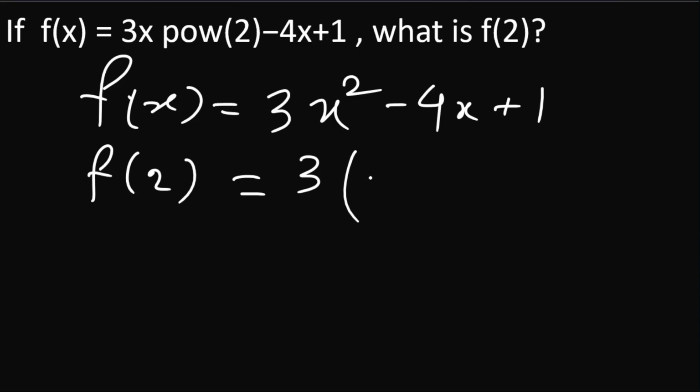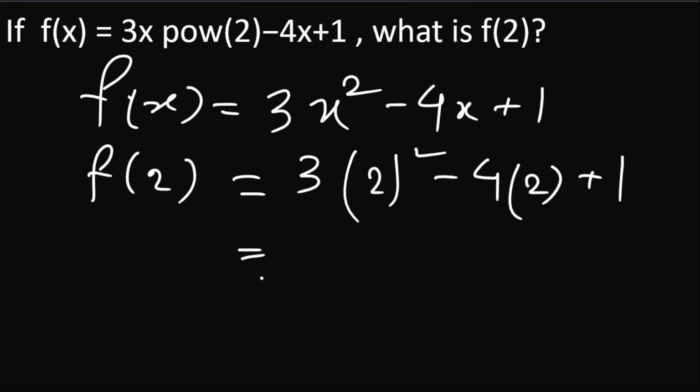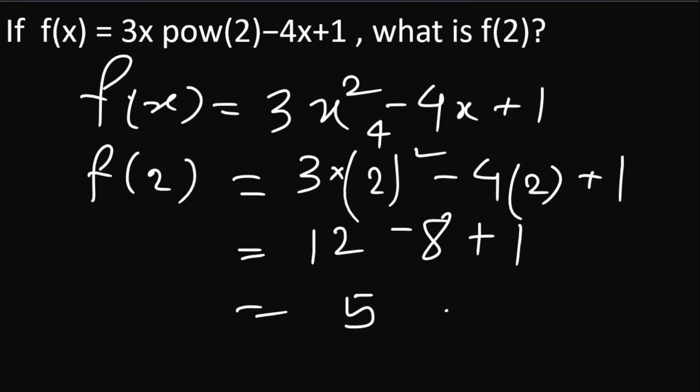So 3 times 2 squared minus 4 times 2 plus 1. 2 squared means 2 times 2 equals 4. So 3 times 4 equals 12, minus 4 times 2 equals 8, plus 1. So 12 minus 8 equals 4, plus 1 equals 5. So it gives me the answer 5.